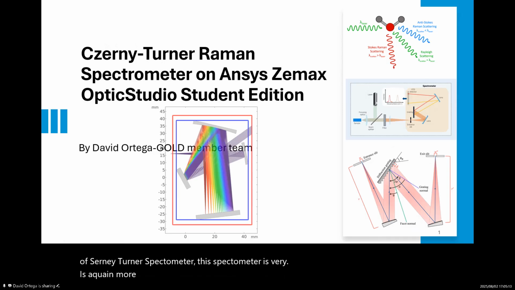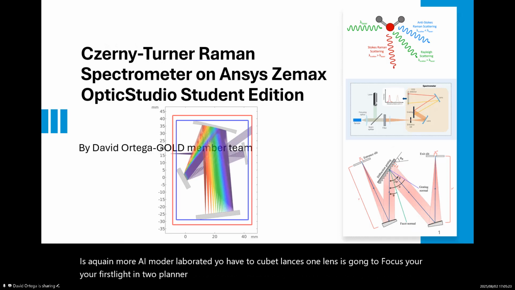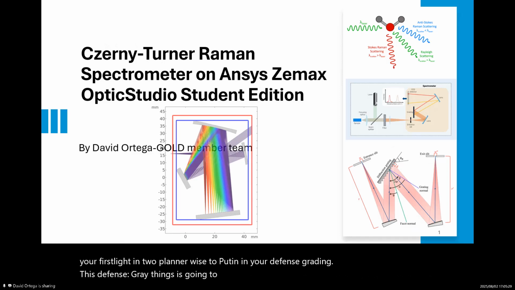You have two curved mirrors. One is going to focus your light into planar waves to put into the diffraction grating. Then the diffraction grating sends the light to another mirror that focuses it onto a CCD sensor.